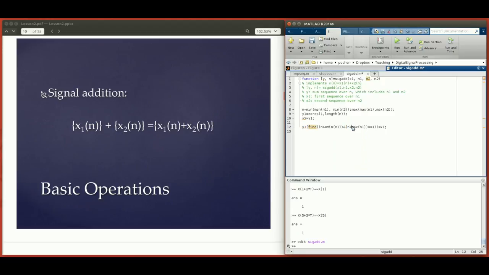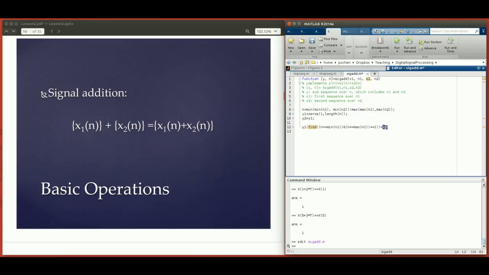And for those n's that are within this particular range, this comparison has to be true, equal to 1. 1 means true in Matlab. For those where the condition is true, y1 is going to have values that are inside of x1.